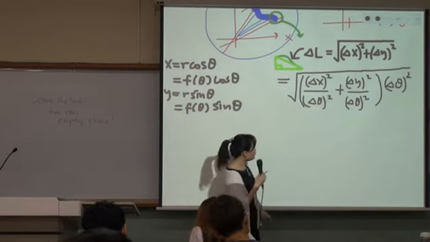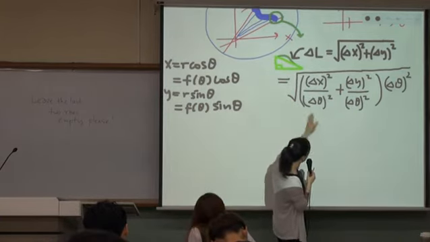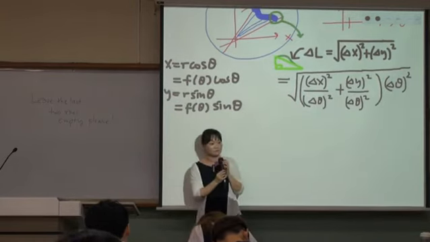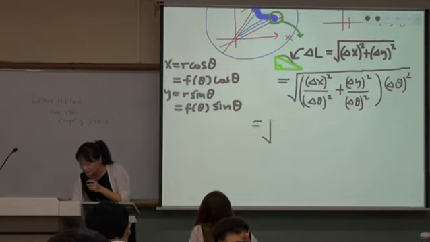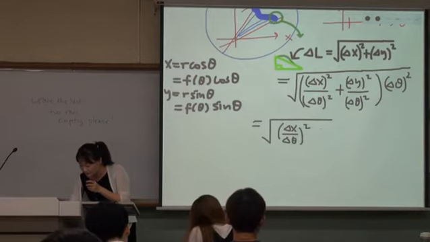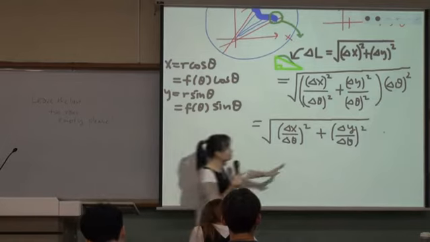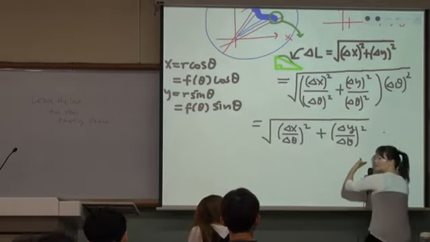Okay. Do you agree that I can put this into one fraction, delta x over delta theta quantity squared? So this is nothing but the square root of delta x over delta theta squared plus delta y over delta theta quantity squared, and I'm going to put delta theta outside of the square root. Theta is increasing from a to b, so delta theta is always positive.